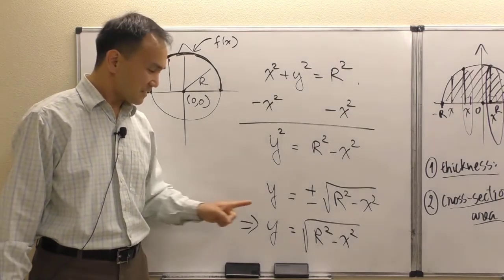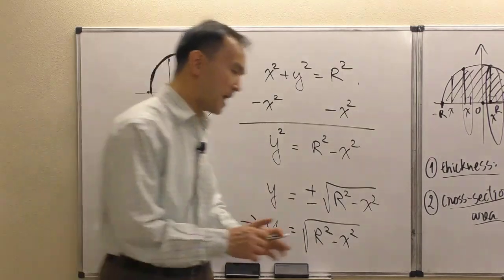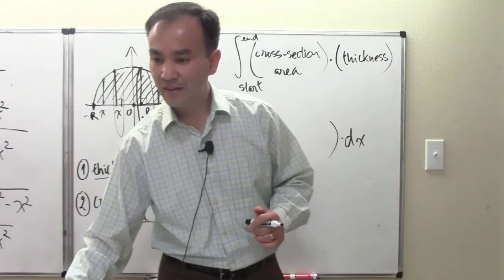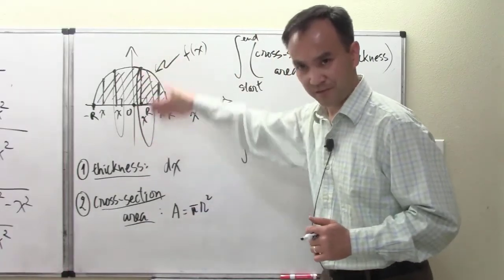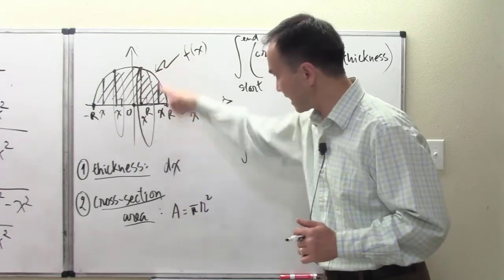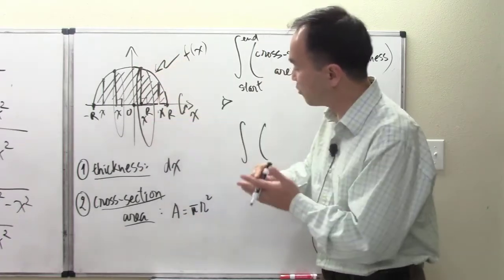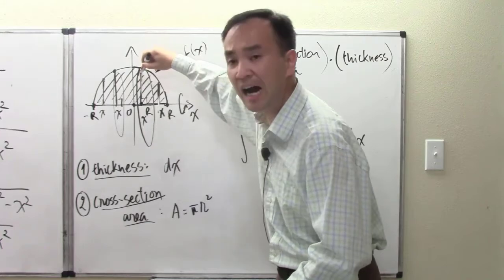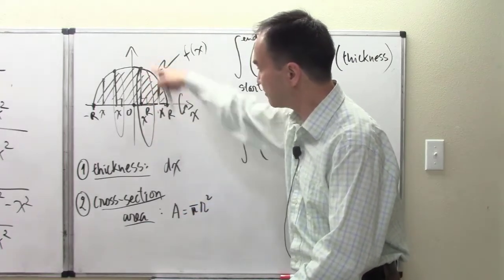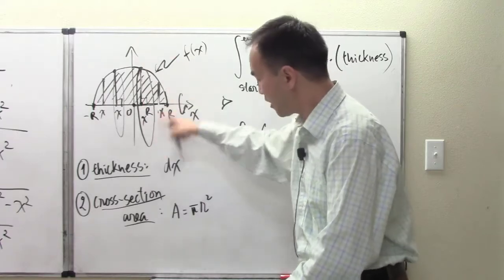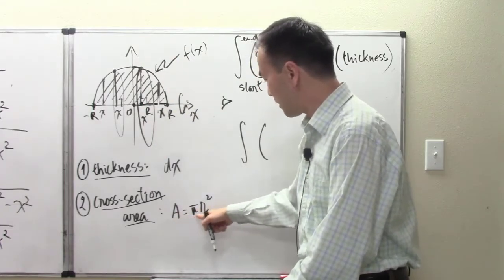Okay, and so now back in my area of the cross section formula, the area of that circle, once we're rotating any stripe height right here, the height becomes the radius of the rotated cross section. And so area equals pi r squared.